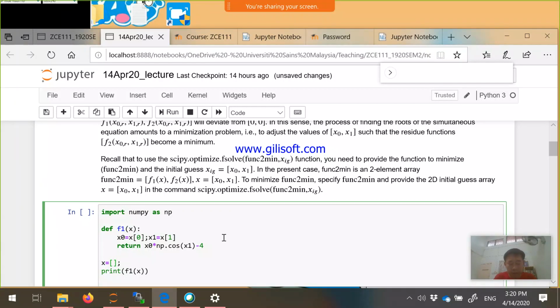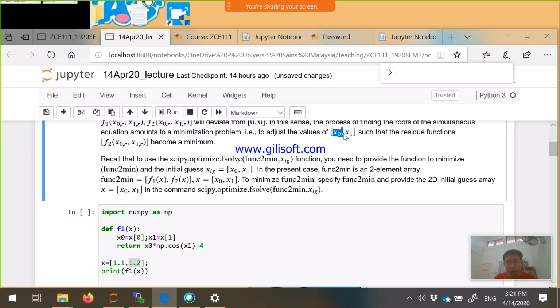Let me call the first number 1.1 and the second number 1.2. So this is an array. The value of x0 is located in the first element, 1.1, whereas 1.2 is x1.